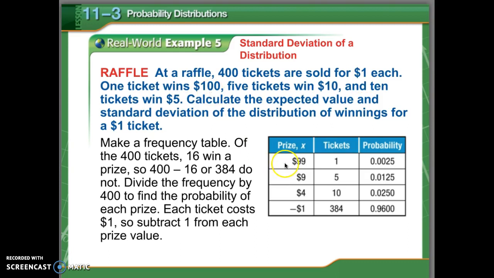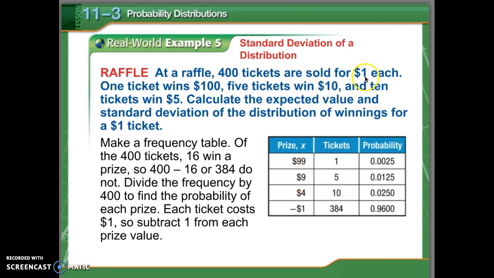So the prize of $99 can only happen 1 time. And 1 time divided by 400, the total number of tickets, is 0.0025. 5 tickets win $10, so 5 times there would be a prize of $9.